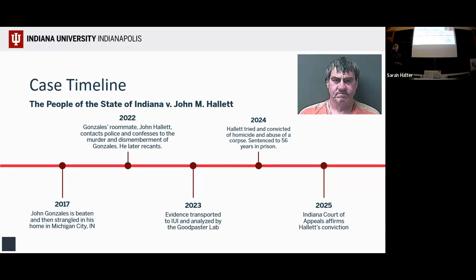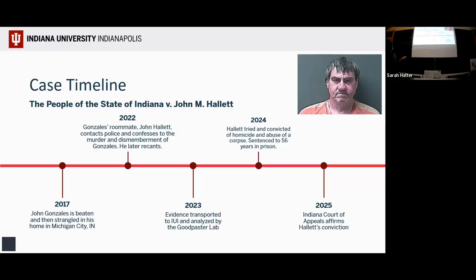He also called Michigan City Police Department and said the same. Both police departments were abuzz, trying to figure out who this person is and if there's any truth to this. Ultimately, they felt they had enough evidence to say he actually did commit this homicide.